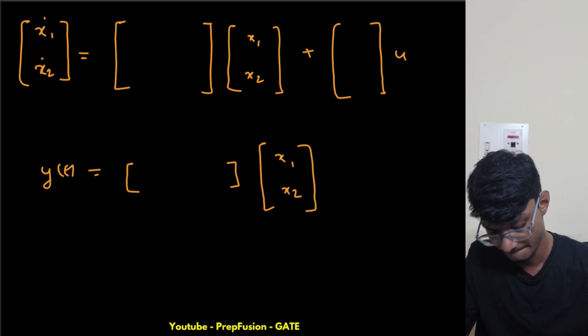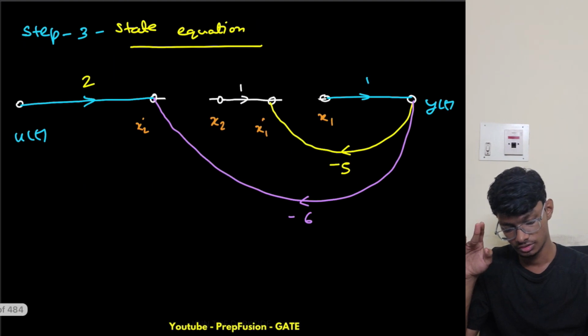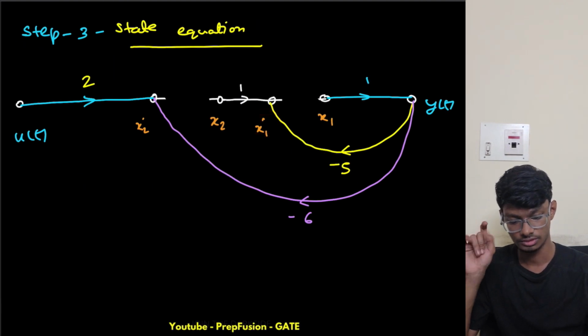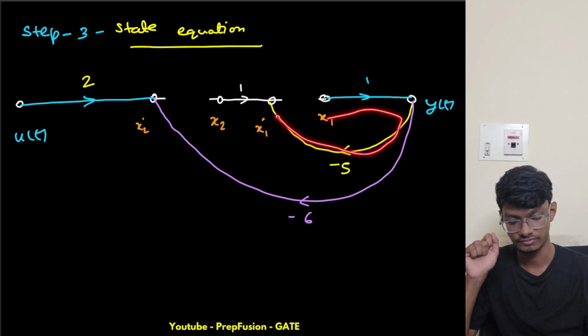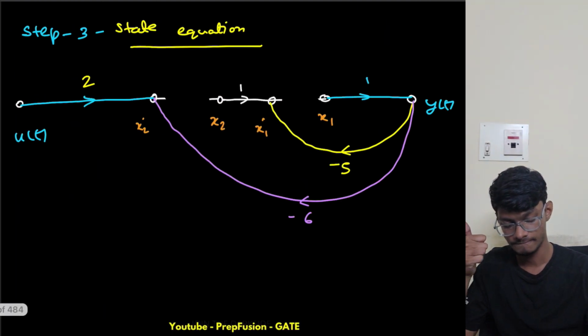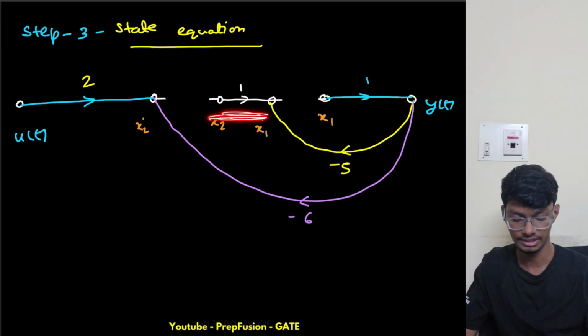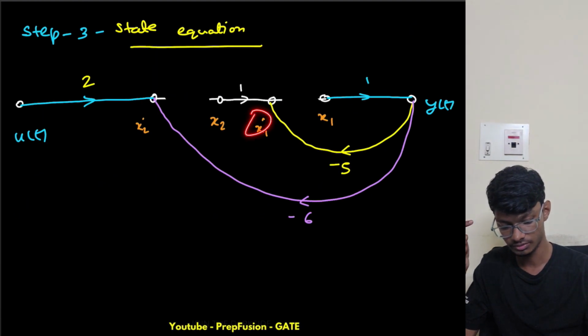Now let's see what is incoming to x1 dot. So x1 dot is here only. I will write it in terms of state variables. So x1 is here, x1 times -5, so this will be -5. And then x2 is directly related with it, so this will be 1. So x1 dot equals x2 times 1.